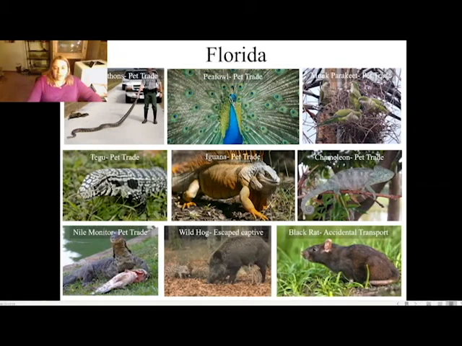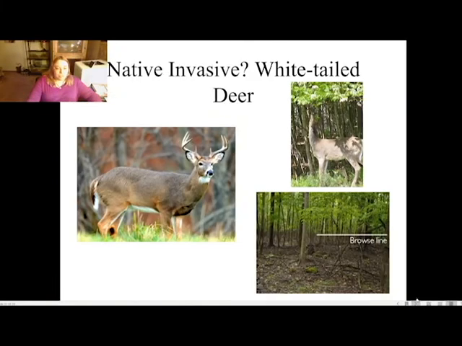So we have a topic of controversy, and that's a native invasive. Invasives are typically non-native species which cause issues with native species. They harm native species. But when you look at a species like the white-tailed deer, they are native, they are meant to be here, but they are not meant to be here at the numbers that they're at.